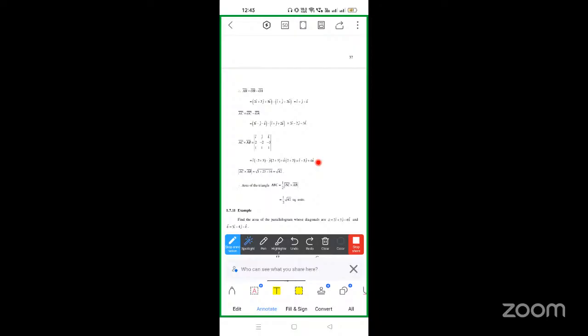Therefore 1 by 2 modulus of AC cross AB is equal to 1 by 2 root 42 square units. So this is the area of the triangle. The formula for the area of a triangle using the cross product is 1 by 2 modulus of the cross product of any two sides. So we can take any two sides.